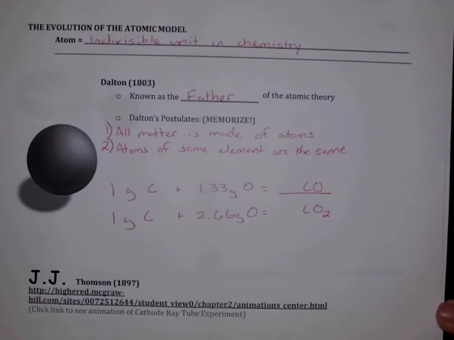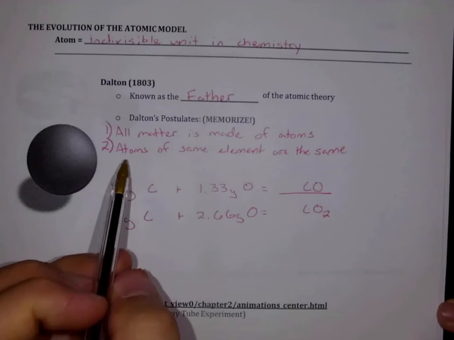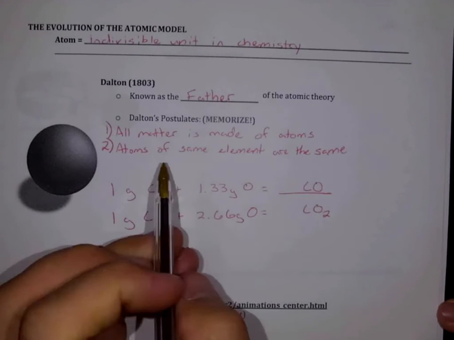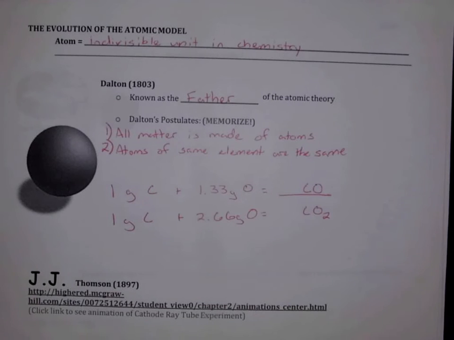Okay, so he said that, you know what, all of the ones that are this thing called oxygen, they're all about the same size, they all have the same mass, but they're going to be different from the ones that are carbon, right? So atoms of the same element are the same, but atoms of a different element is where they differ, okay? So they can be different from other elements.